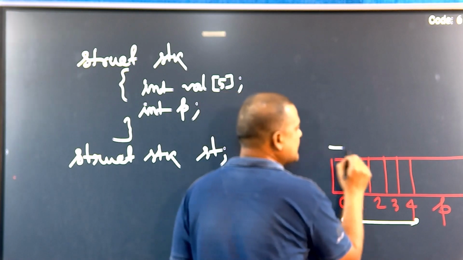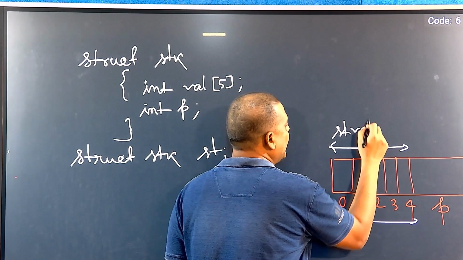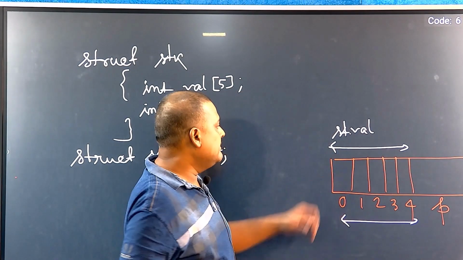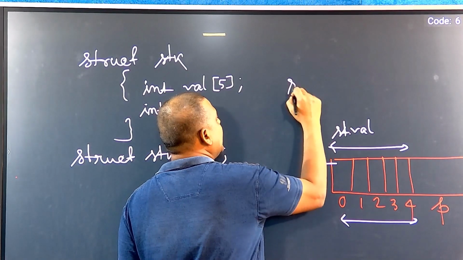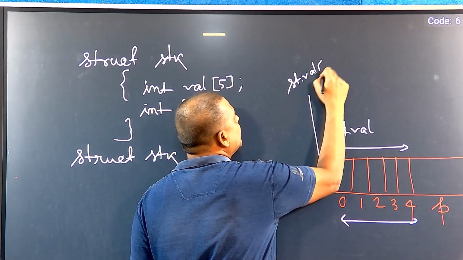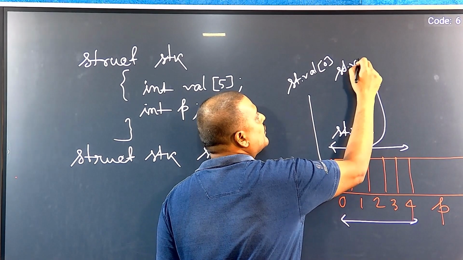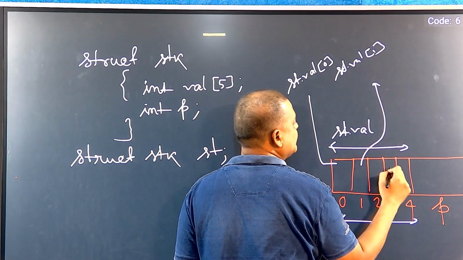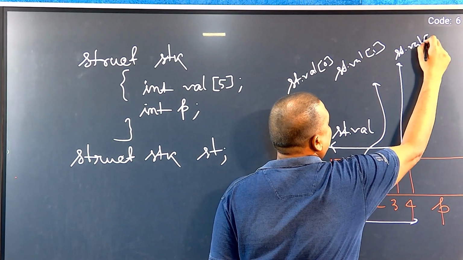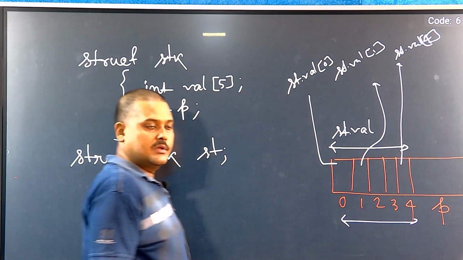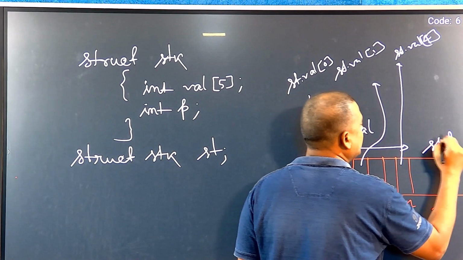This whole location is named st.val and individually this location is st.val[0], this location is st.val[1], and this way this location is st.val[4]. Okay. Now, P is another place. This location is also named st.P.